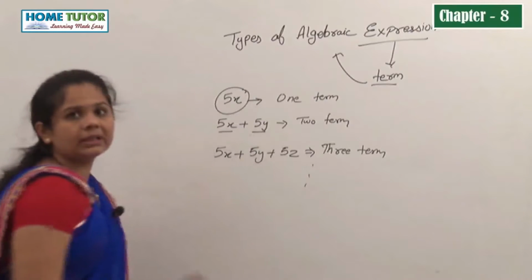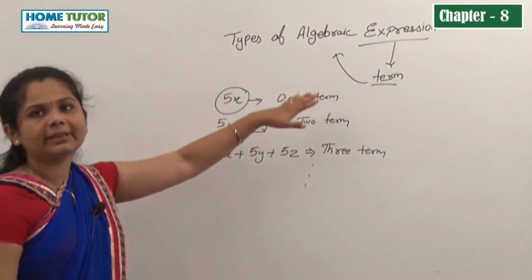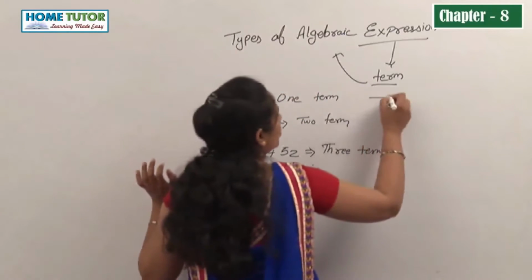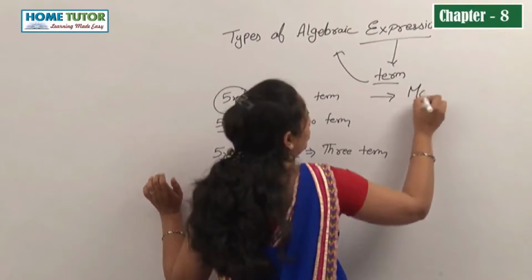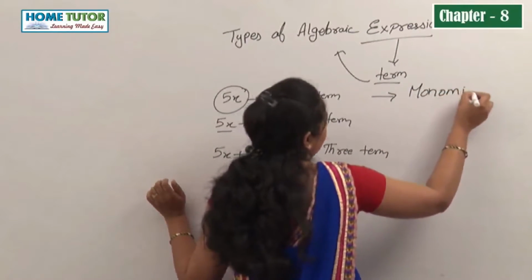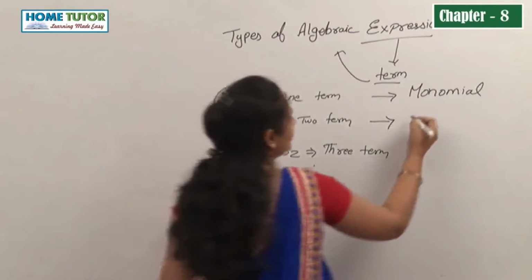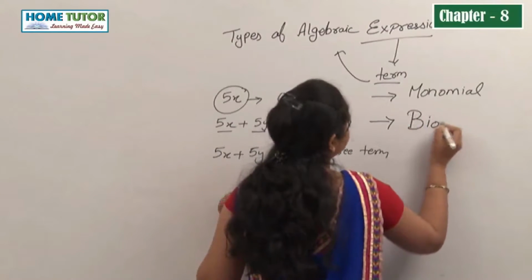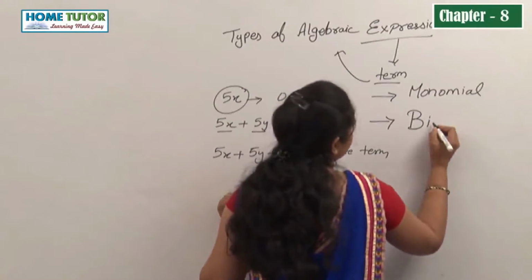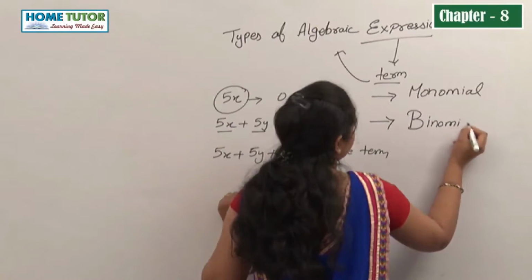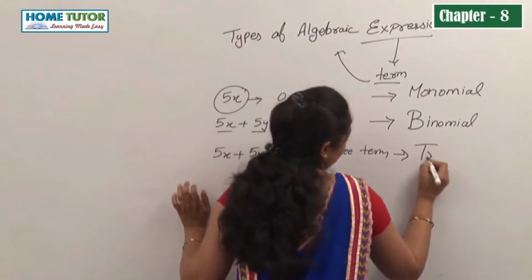And so on. Now, based upon these terms, we have different types of algebraic expression. A one term expression is called monomial. When we have 2 terms, we will call it binomial. And when we have 3 terms, we will call it trinomial.